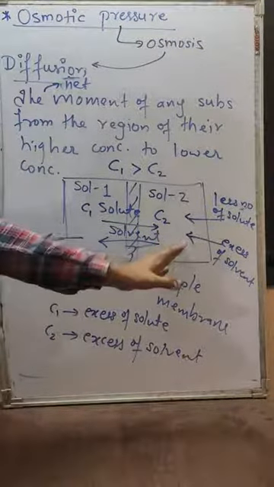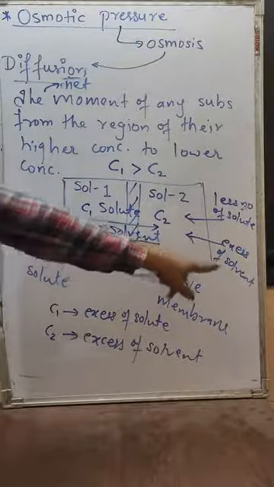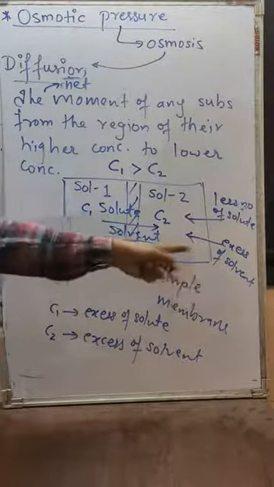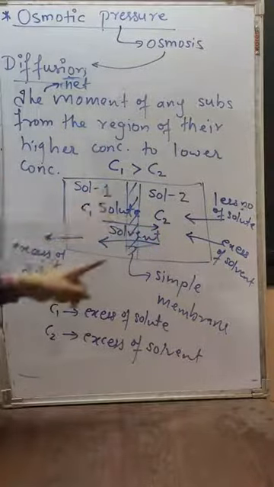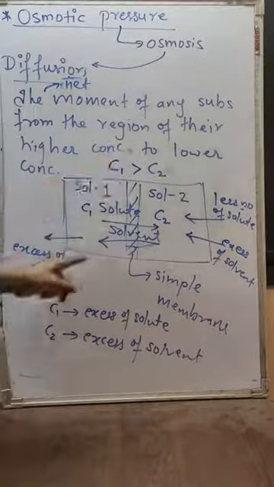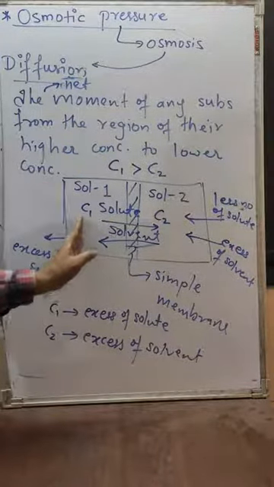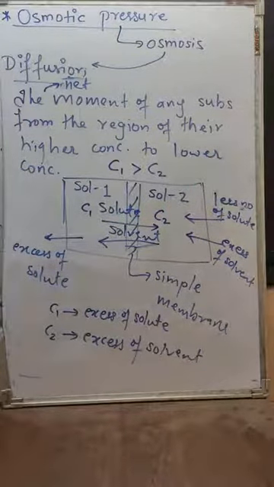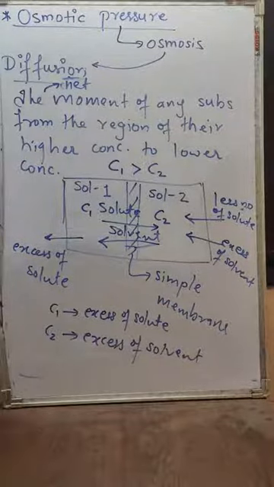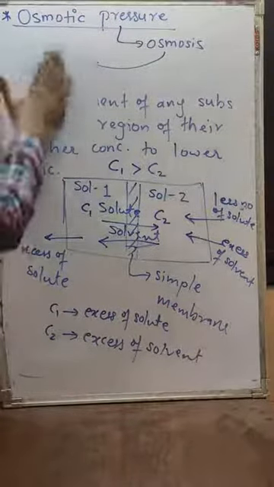But what will happen here? In C2 the concentration of solvent is more, so flow will be from C2 to C1. In C1, the concentration of solid is more, so solid will move from C1 to C2. So this is the concept of diffusion. Now we will see what is meant by osmosis.